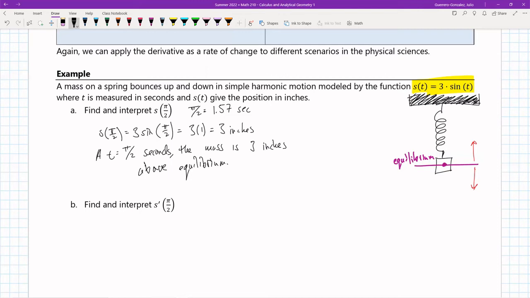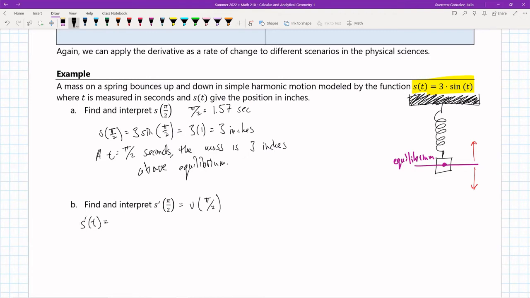So now comes the next thing. Find and interpret s prime of pi over 2. We know what s does. s is the position, so s prime is the rate of change in the position. We know that this is a velocity, so this is equivalent to finding v of pi over 2. So now we get to do s prime of t.